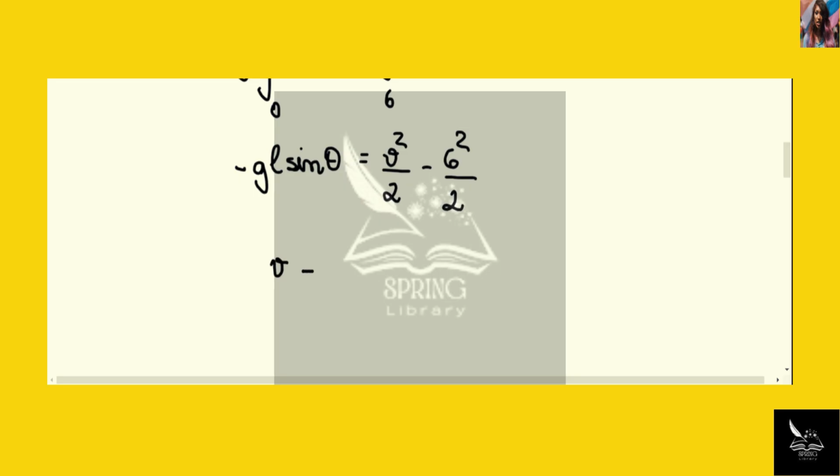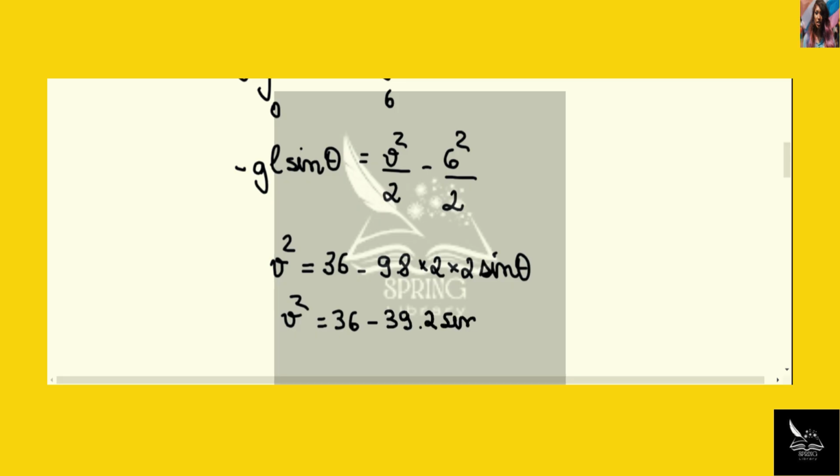Okay, so v squared is equal to 36 minus 9.8 meters per second squared times 2 times sine of theta. So v squared is 36 minus 39.2 sine of theta. And this is the value of v.